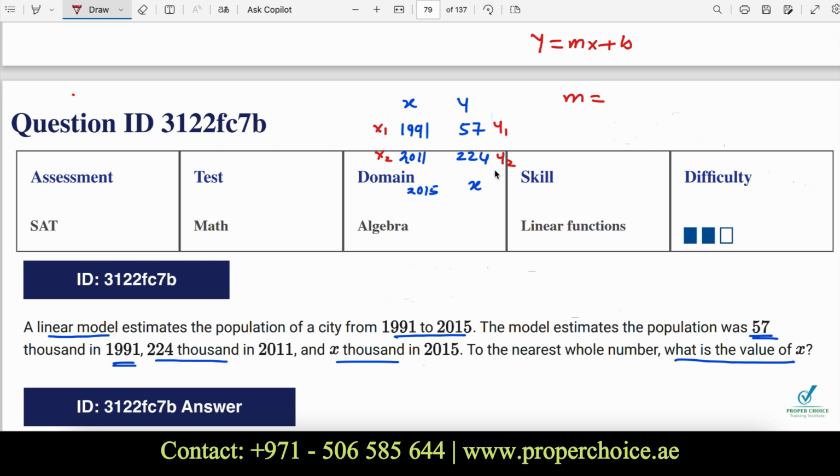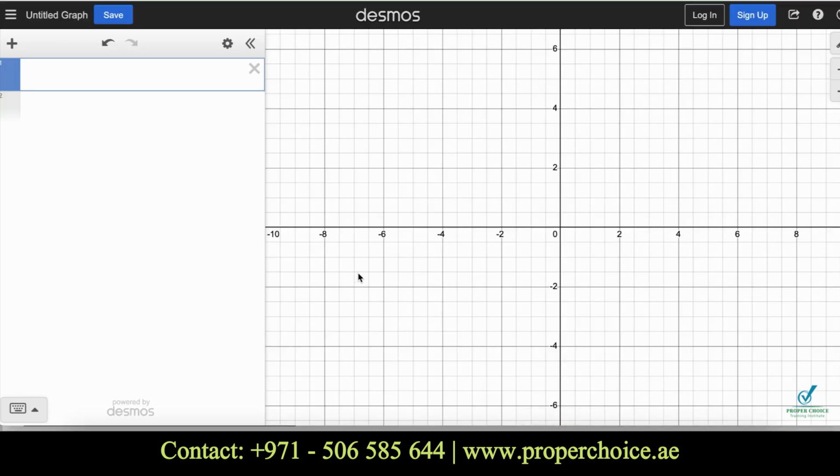With that you can find out the rate, that is the increment of population per year, that is 224 minus 57, of course unit is in thousands, okay, we are not writing it, divided by 2011 minus 1991. So type it in the Desmos and check what answer you are going to get.